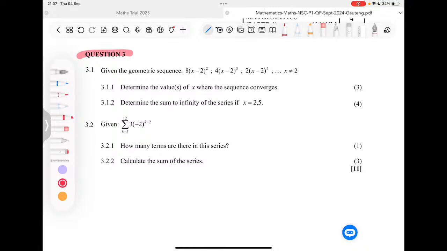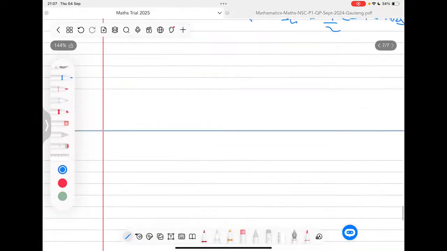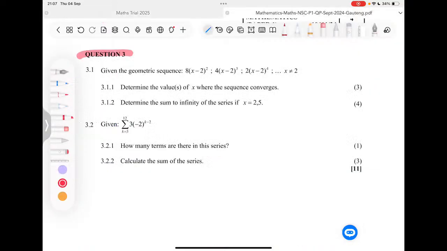Now they say here under 3.1 that we are given the geometric sequence, which is defined by those numbers there.